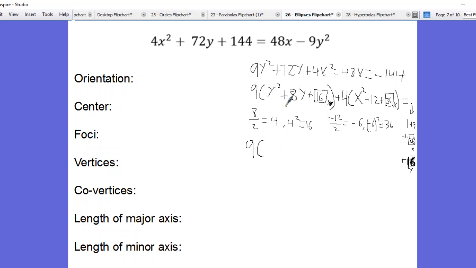y squared plus 8y plus 16. This is going to factor into y plus 4 squared.